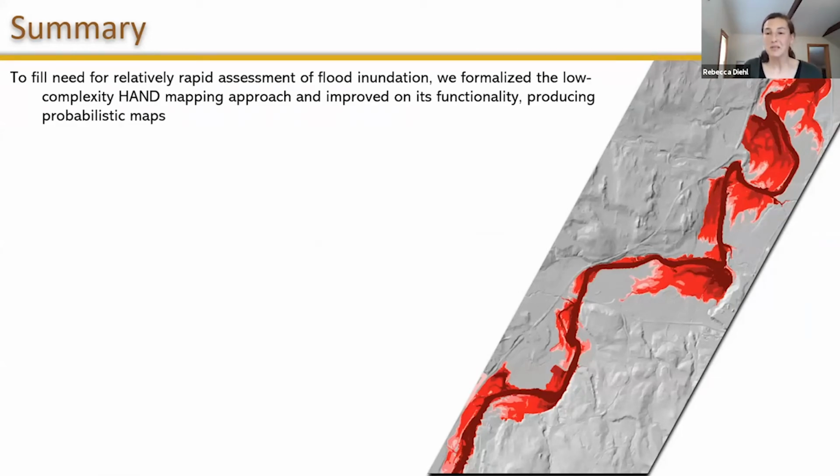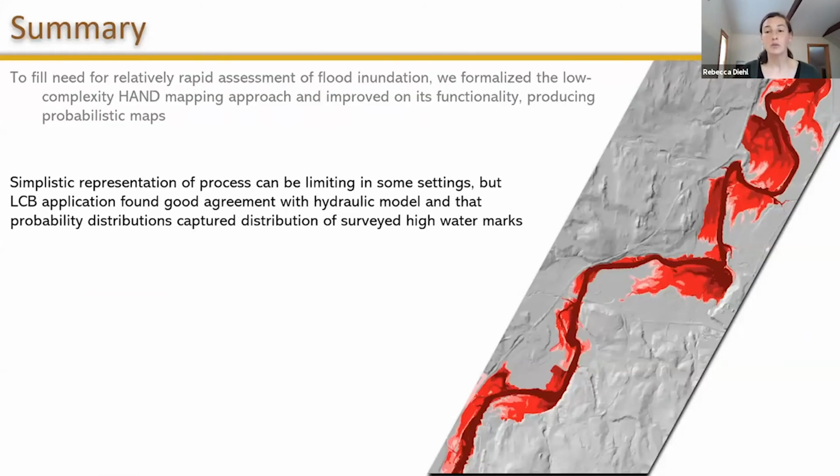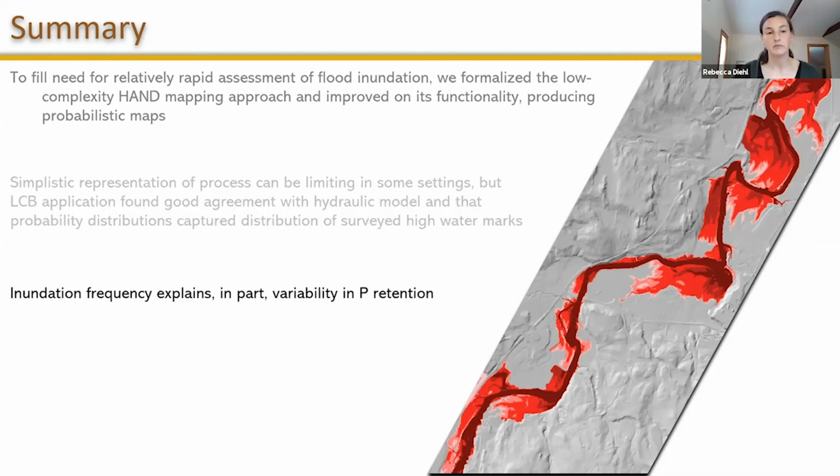The simplistic representation of process that we incorporate in this isn't perfect. It definitely is limited in certain areas, like in urban areas, which have a lot of bridges and therefore backwaters. But in general, we're finding that the general patterns are well described by this. And the addition of the uncertainty in the probability maps enhances that as well.